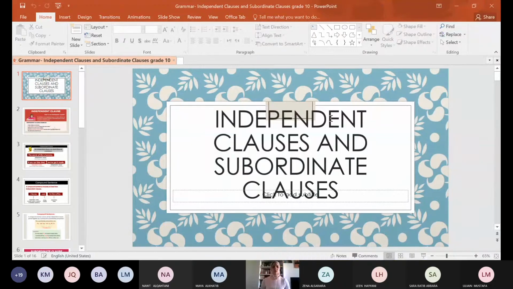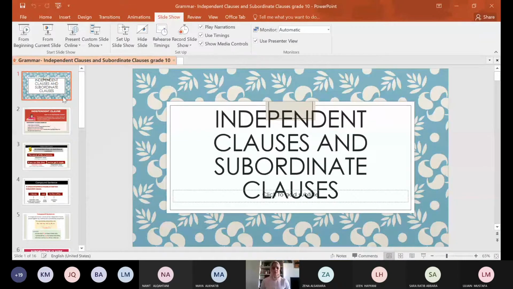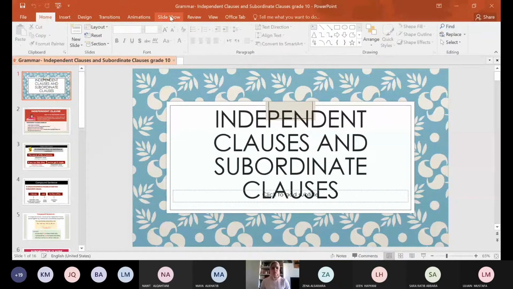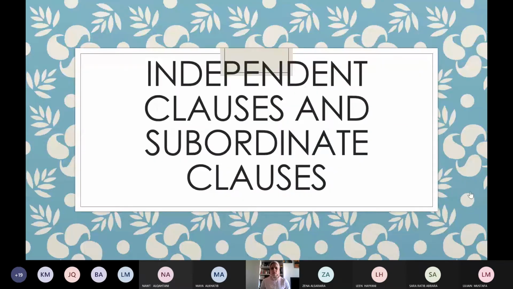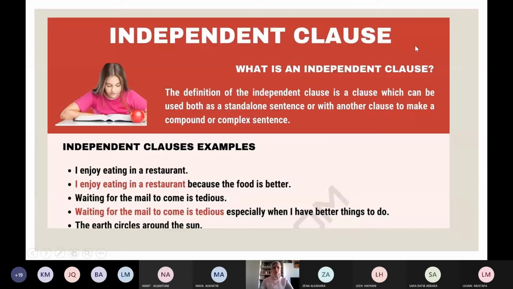Independent clauses and subordinate clauses. These clauses, the clause, once it is independent and once it is subordinate. I have 2 kinds of clauses, independent clause and subordinate clause.